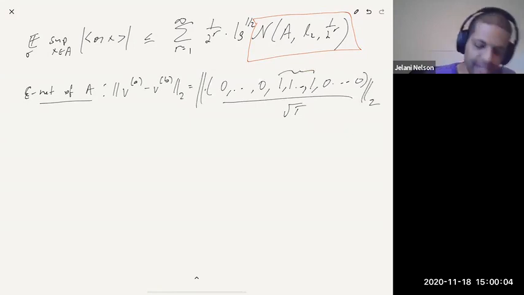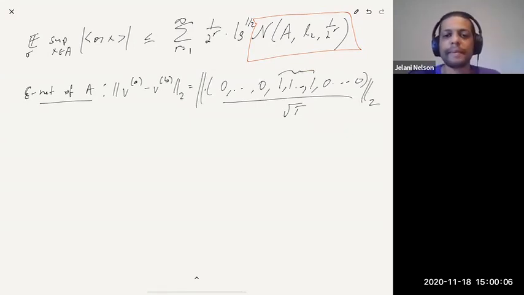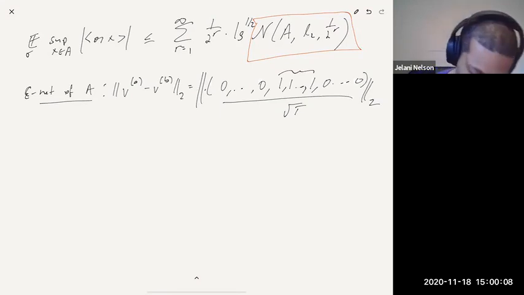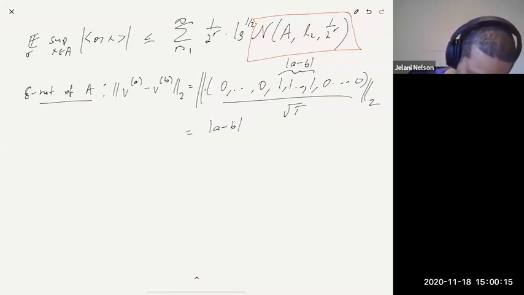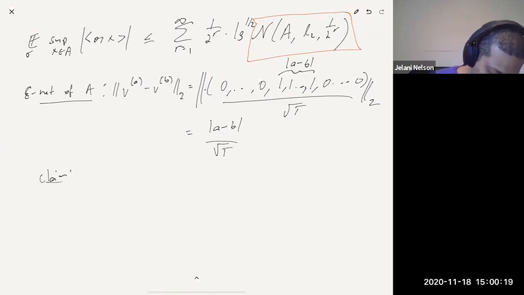How many ones do you have here? It's a minus b. So this is equal to root of (a minus b) over root t. So the claim is that if you take an epsilon net of A with respect to the L2 norm, its size is at most 1 over epsilon squared.